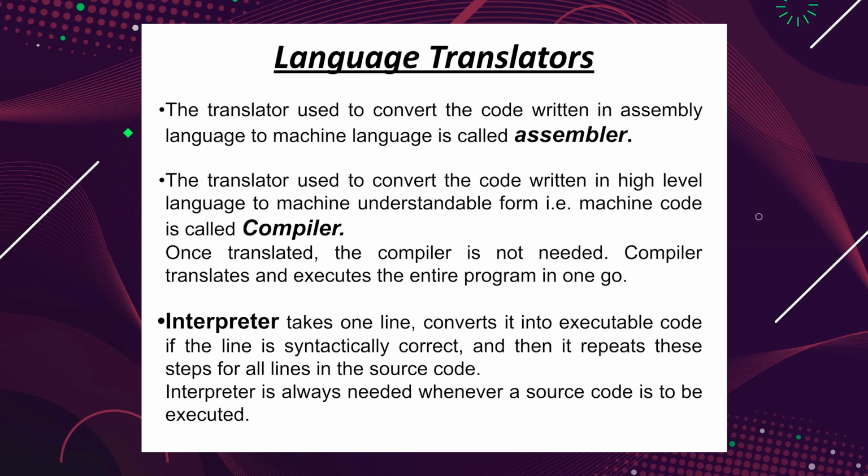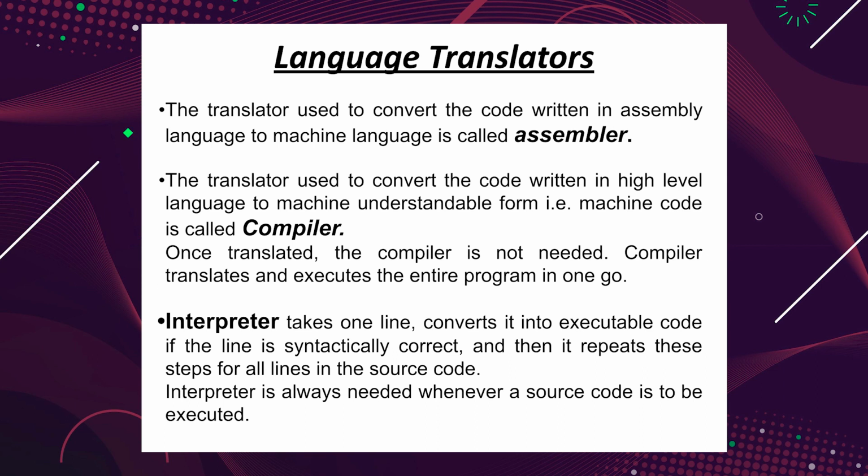The translator used to convert the code written in high-level language to machine understandable form is known as compiler. If the code follows all syntactical rules of the language, then it is executed by the computer. Once translated, the compiler is not needed. Compiler translates and executes the entire program in one go.